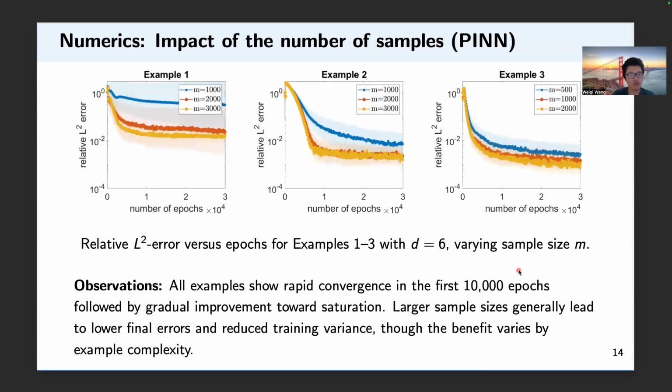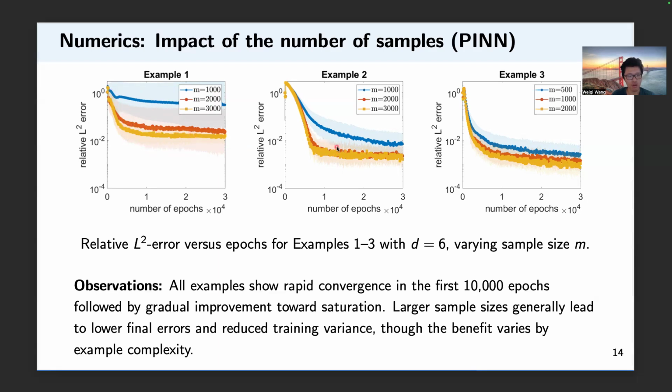These plots are for dimension 6. This curve shows error over training steps for different sample sizes, like 1,000, 2,000, and 3,000. Usually in this training process, we observe a fast drop very early and a slow approach to a floor.